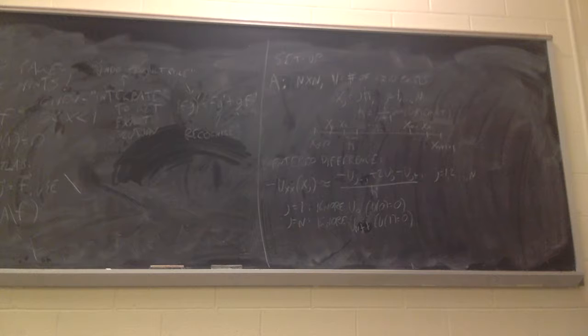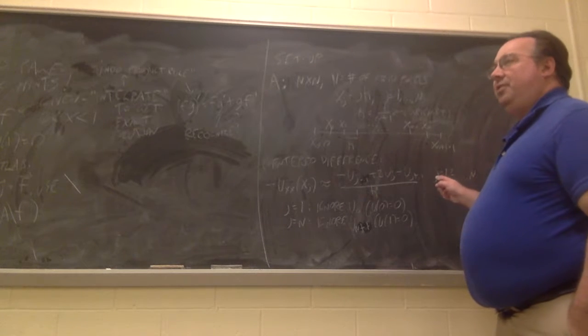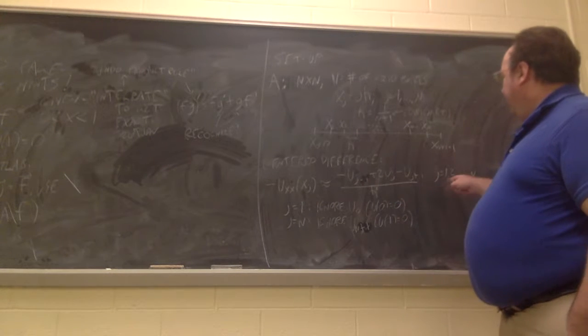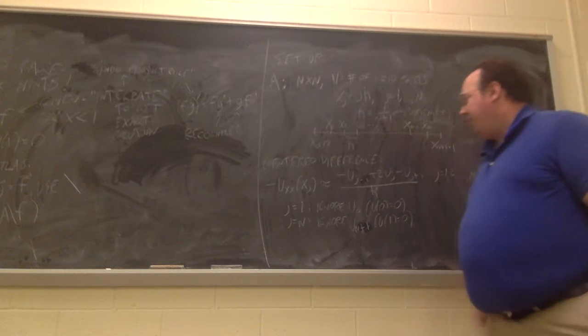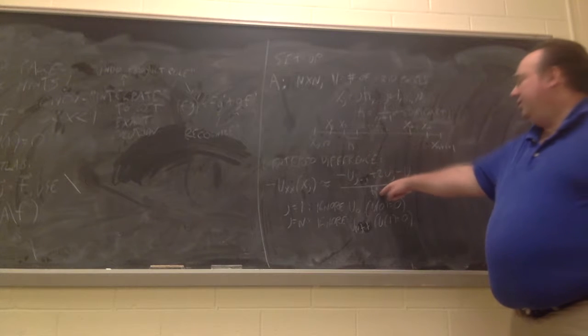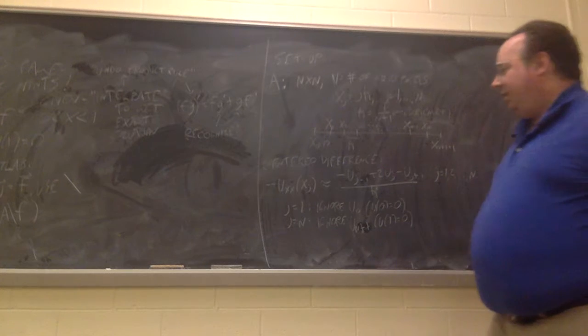All right, so the coefficients of these u values tell you what goes in the matrix. So this is for equation j, because of the xj here. So you're going to have 2 over h squared on the diagonal, minus 1 over h squared above, minus 1 over h squared below.